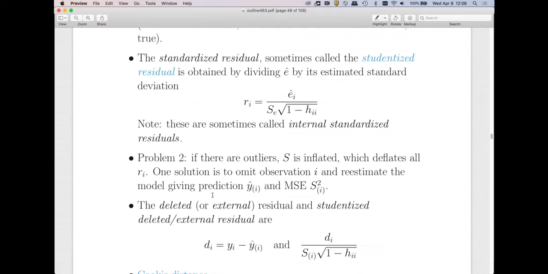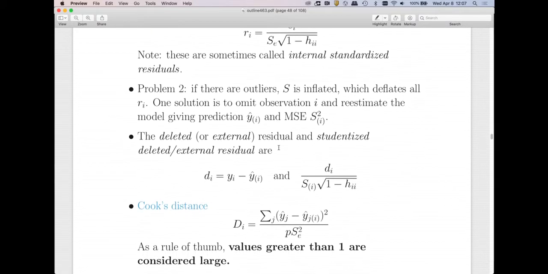So I'm going to say, y hat sub parentheses i, that notation right there, indicates the y hats I get if I've omitted an observation from the estimation. And then this is the corresponding error. And we can go off and compute our deleted residuals or studentized deleted external residuals. There's lots of names for these.